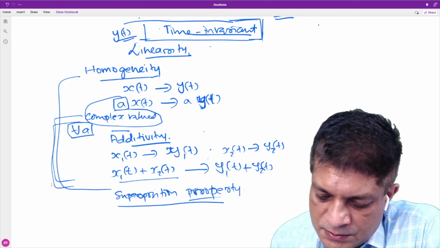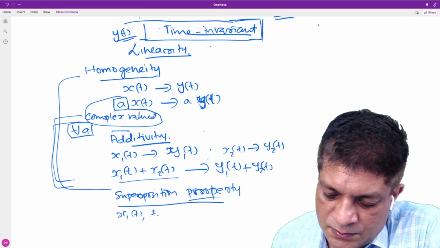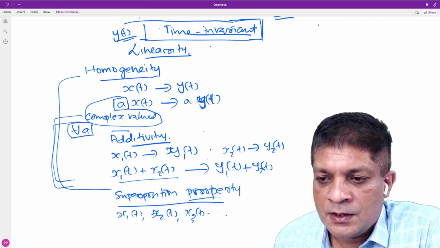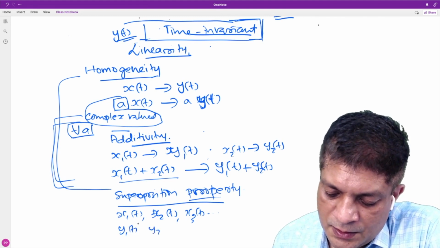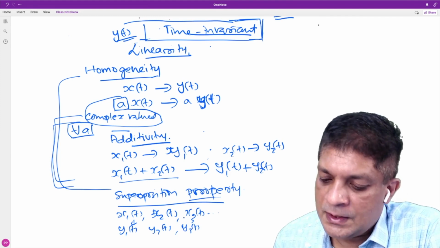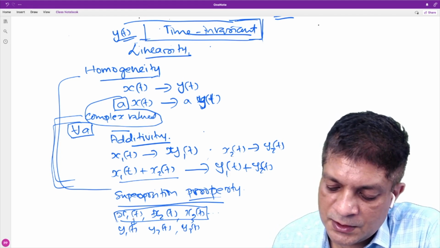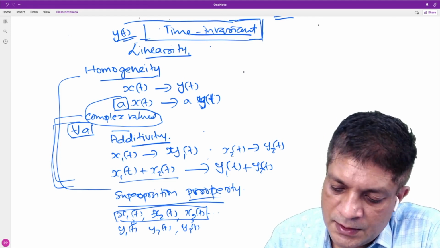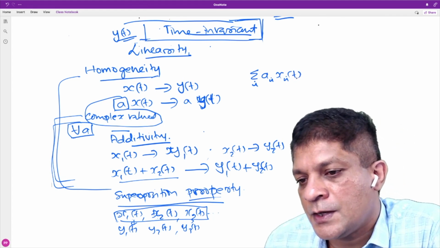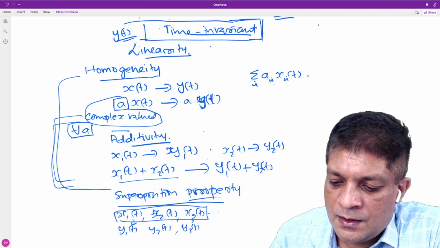Before considering the examples, we can generalize this. If x1(t), x2(t), x3(t) are the inputs to a system, and the corresponding outputs are y1(t), y2(t), y3(t), then consider a linear combination of these input signals, a weighted sum of the input signals, the summation over i of a_i x_i(t).